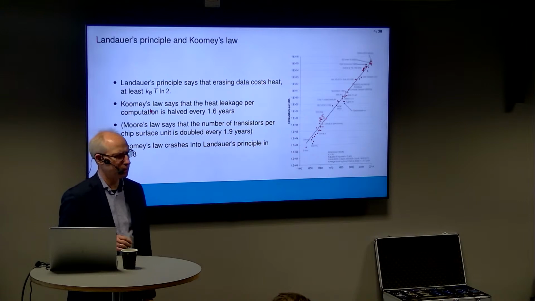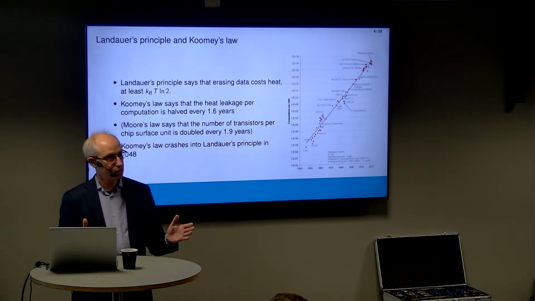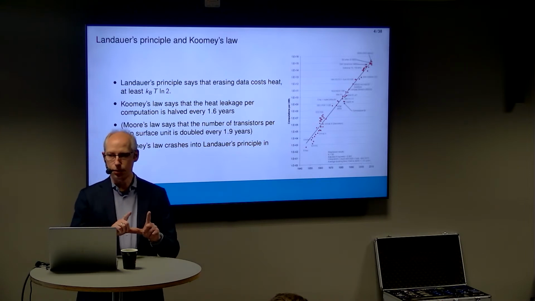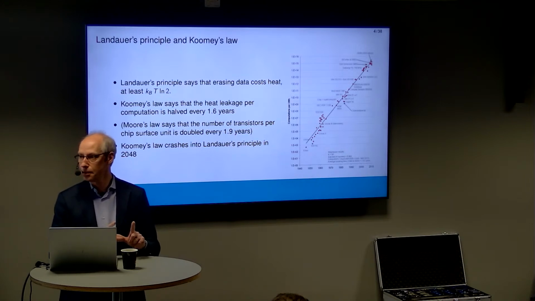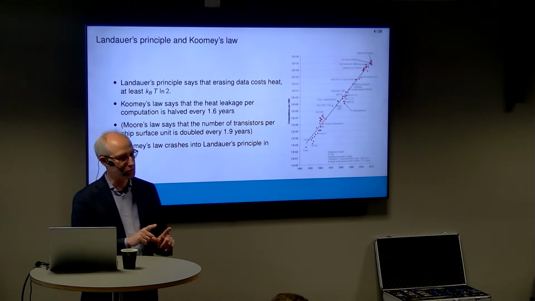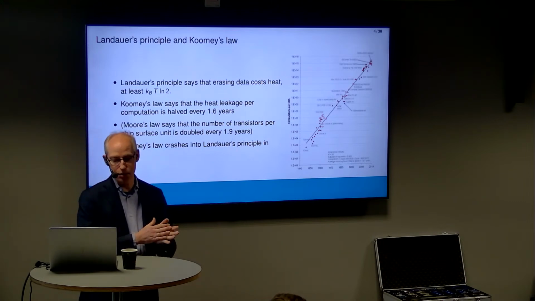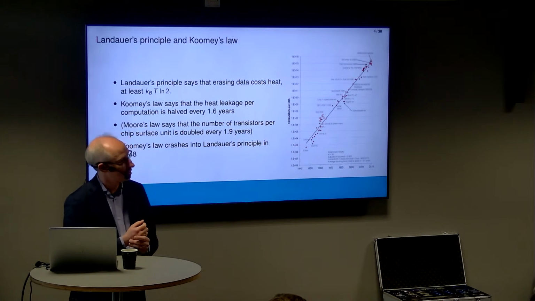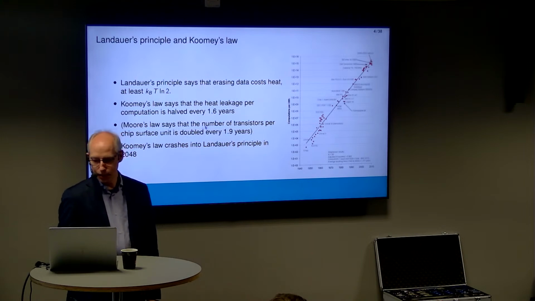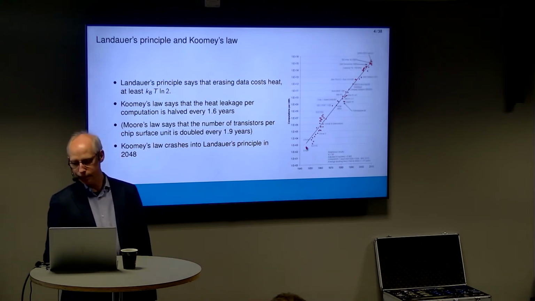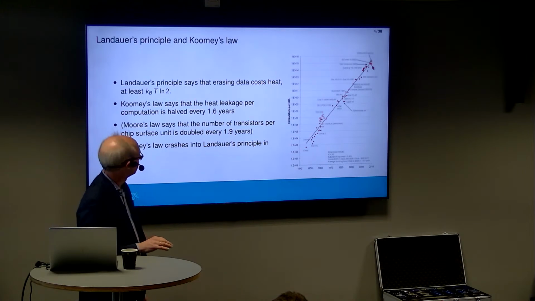You remember Moore's law. Moore's law says the amount of transistors that you can fit in a chip area doubles every 1.9 years. There's another law for energy consumption, called Koomey's law, that says that the heat leakage per computation is halved every 1.6 years. Slightly faster. And here's a diagram with computers from the 40s until 2010.